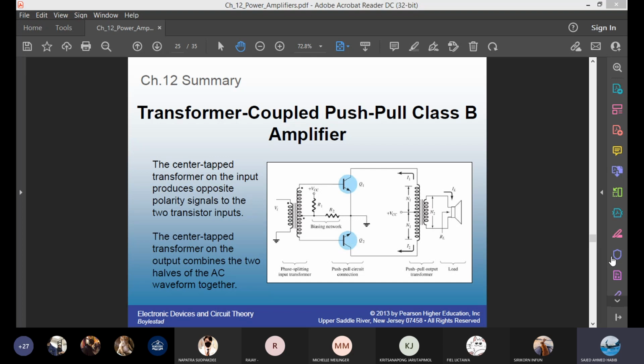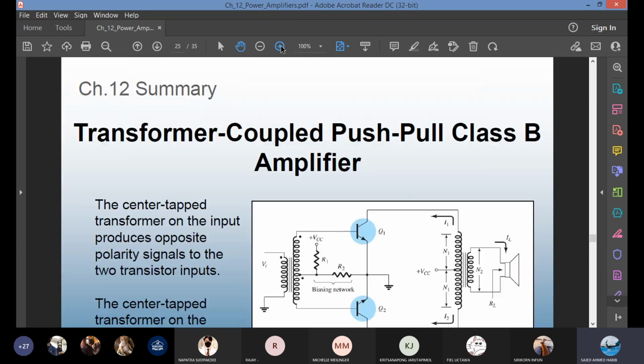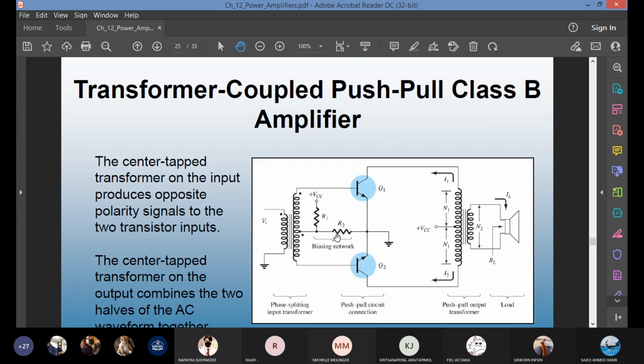Transformer coupled push-pull Class B. There is a transformer. You have the primary side, primary coil, and the secondary side.